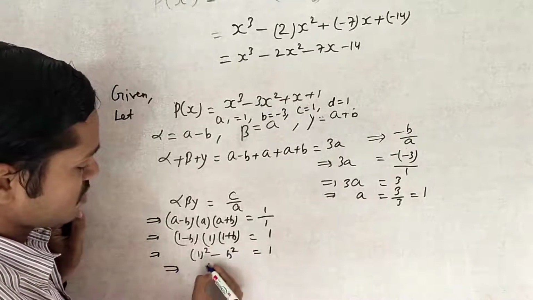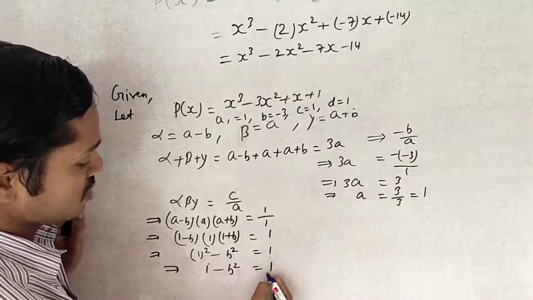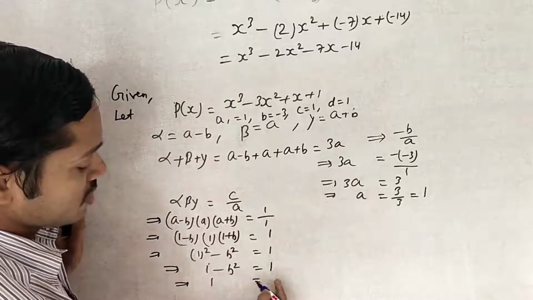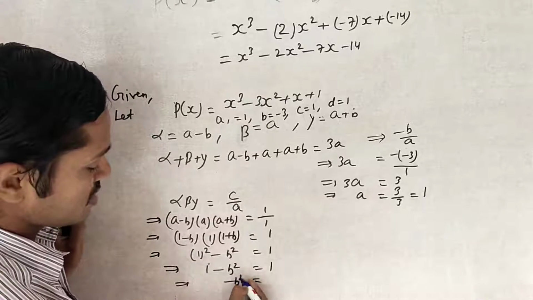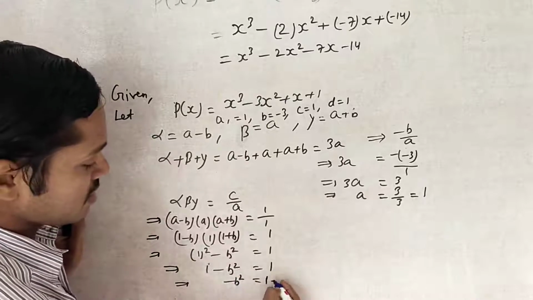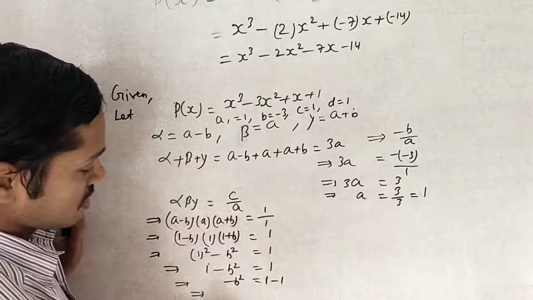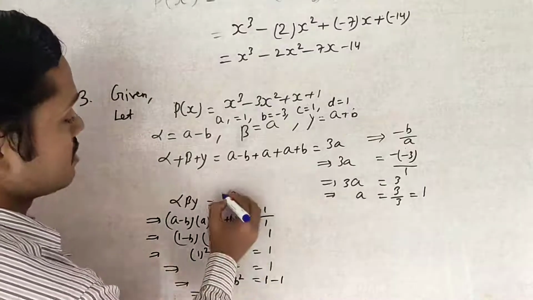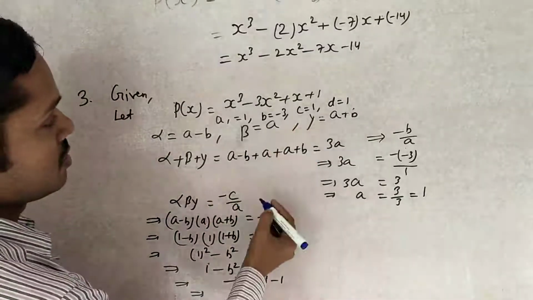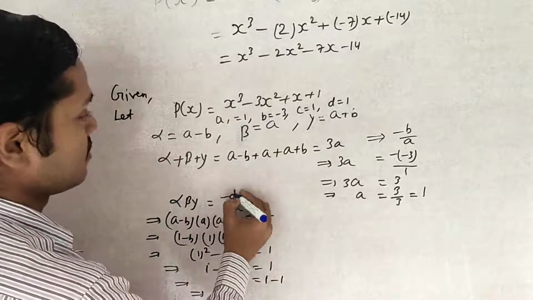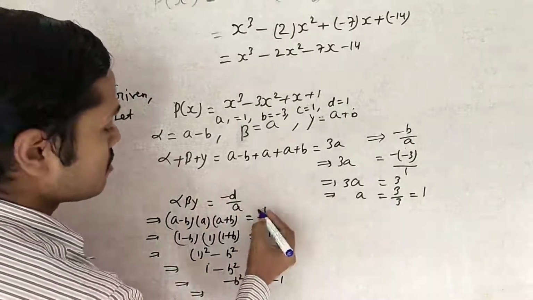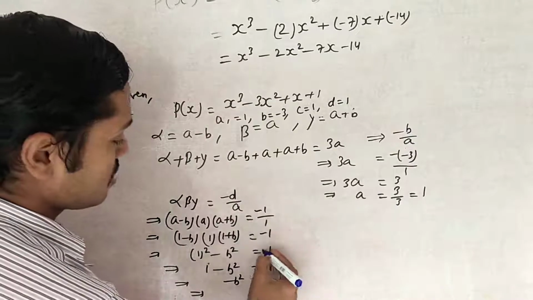Minus B square, then minus C by A. Oh, sorry, minus D by A. Minus D by A, clear? Minus 1 by 1, minus 1.